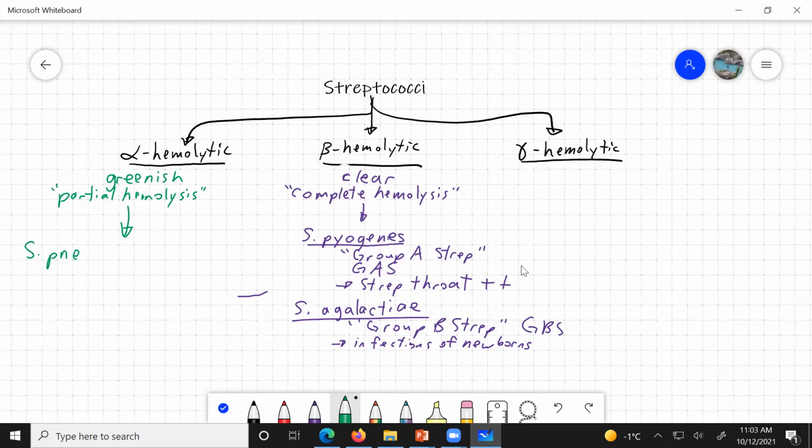Streptococcus pneumonia. And of course, this causes pneumonia, right? And it can cause other infections.